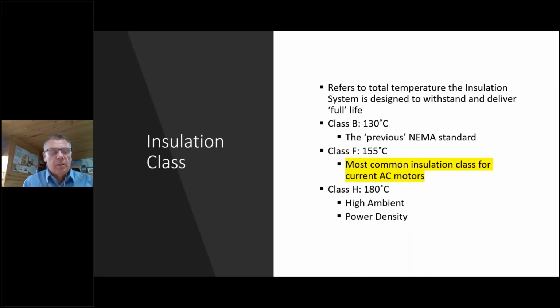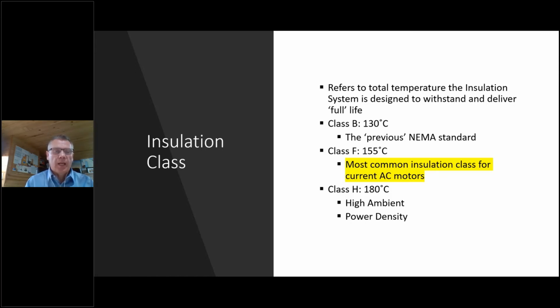Moving on quickly, one of the other significant questions that come up around motors is insulation. So what is insulation? Well, it's the material that goes around the motor to help with its life. A couple of killers for motors are heat and mechanical vibration. Heat is the big killer, so we need to protect the motor from being overheated, and the materials that go in there have a certain withstand temperature.